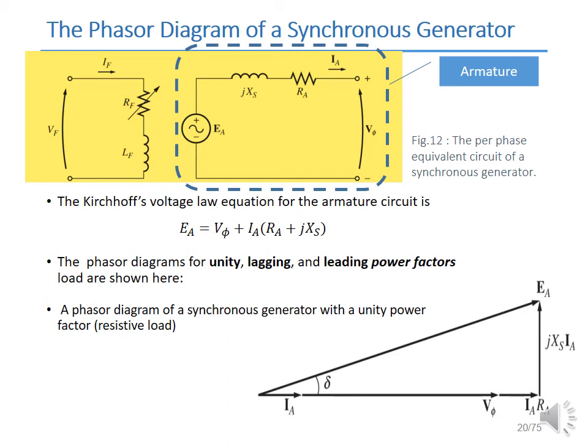The first one on this slide is for a unity power factor, i.e. the load is purely resistive, which can be recognized because IA is in phase with V_phi. From here you can see that EA, the internal generated voltage, is larger than V_phi, the phase voltage.